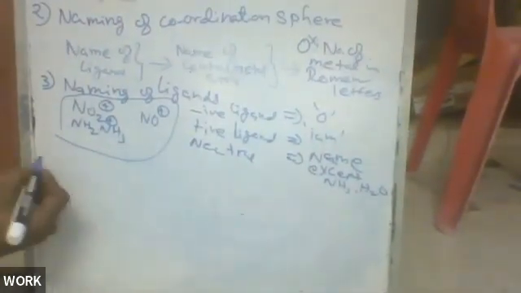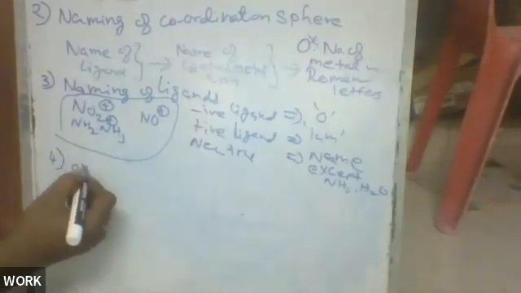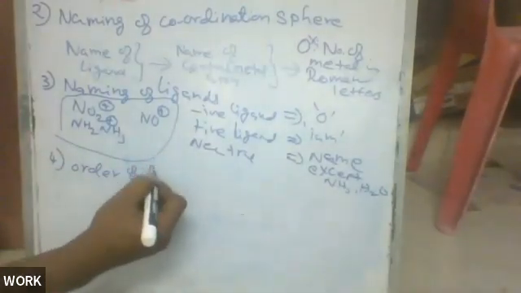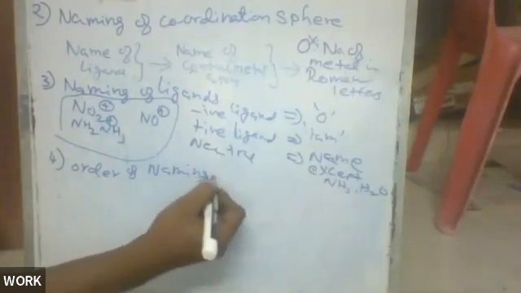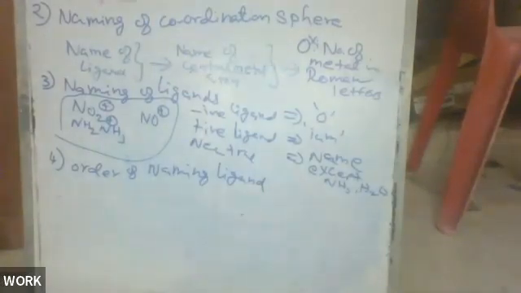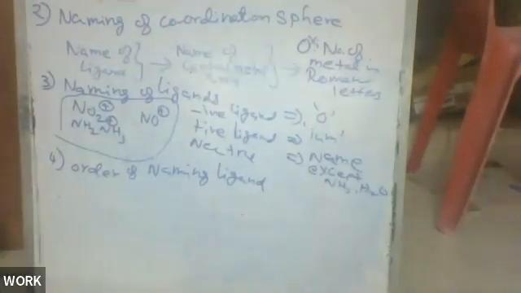Before IUPAC, they named negative first, neutral second, and positive last: NNP. Negative means excess, so it was mentioned first. Neutral means non-bonding electrons are involved, so second. Positive means only one donor side, so last.